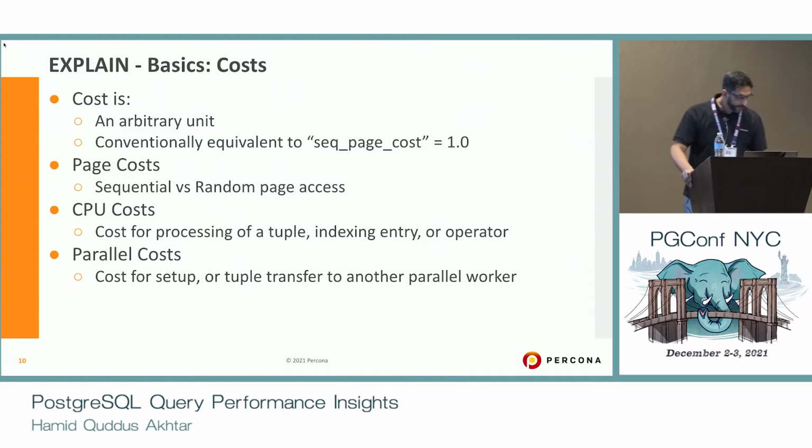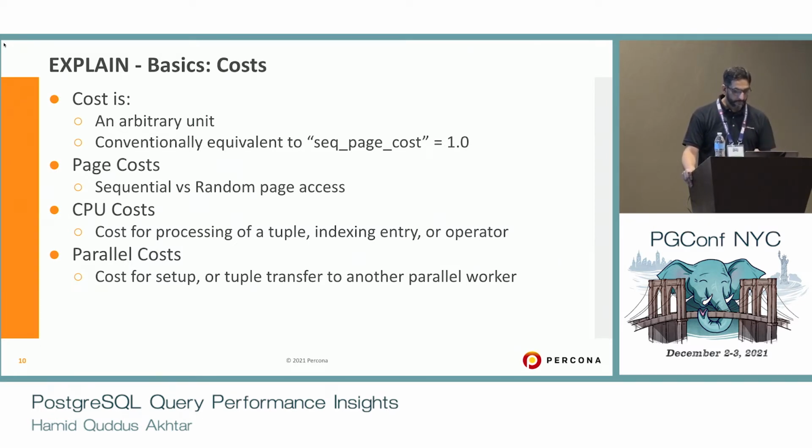The CPU cost is basically the amount of effort that we're expecting to process a row, a tuple. And there are different types of tuples, for example, whether that's from a relation, from an index, or whether we need to perform a certain operation on that row, such as a filter operation.